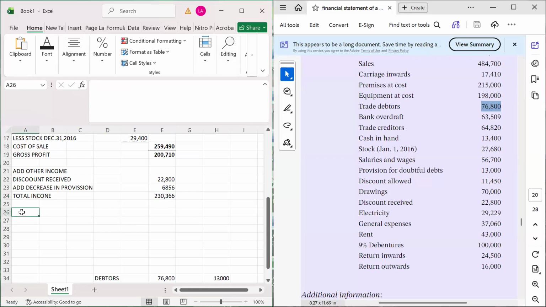Then you now less expenses or operational expenses.